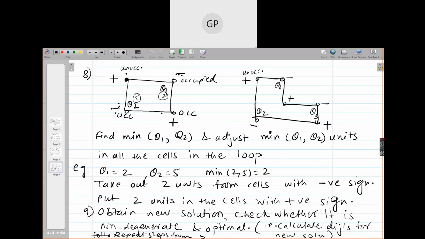Repeat steps 5 to 9. So this is the modified distribution method, or this is the way we optimize it. This whole thing that we have done is Modi. Have you understood it?